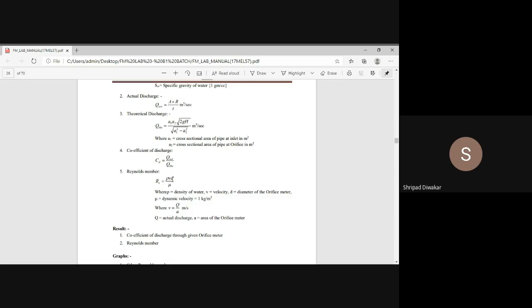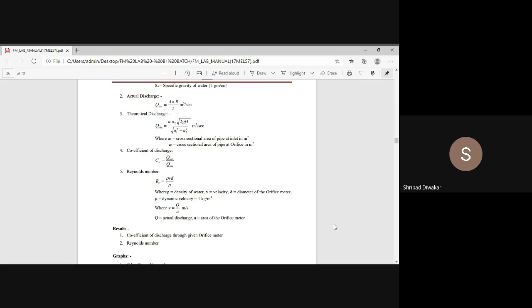And then the diameter. You have to take the diameter of the main pipe only, not the orifice, because we are dealing with the main pipe. So D is 25 mm. And one more thing is mu, the dynamic viscosity of water.